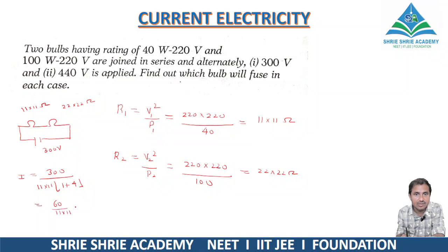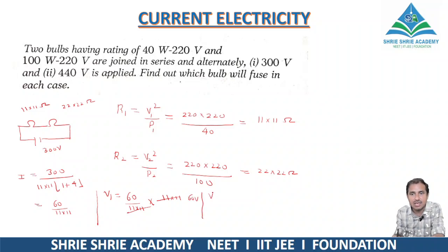So the current is 60 by 11 into 11. Now we have to find the voltage across the first one. V1 is equal to current, 60 by 11 into 11, into resistance of the first bulb, 11 into 11. V equals I into R. So the first bulb is getting a voltage of 60 volt.